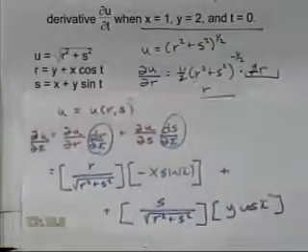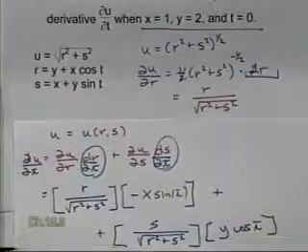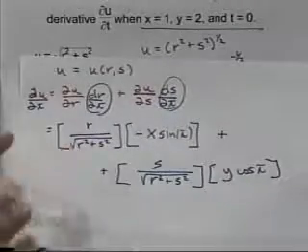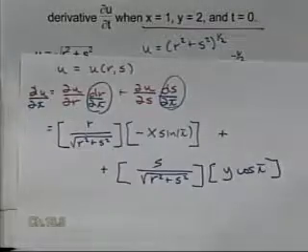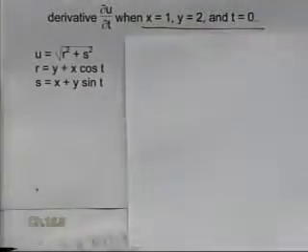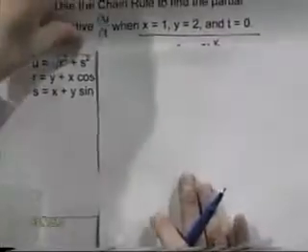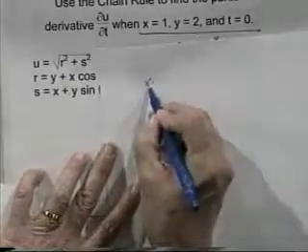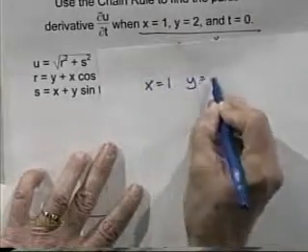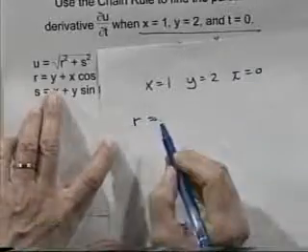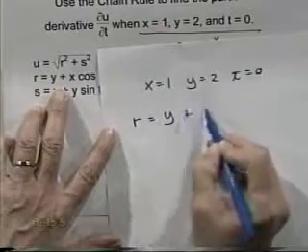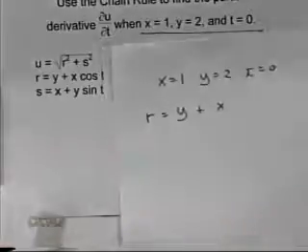Now, to plug in, what are they telling me? Notice my answer has r's, s's, x's, t's, and y's in it. They're telling me x is 1, y is 2, t is 0. Now notice r is y plus x cosine t.